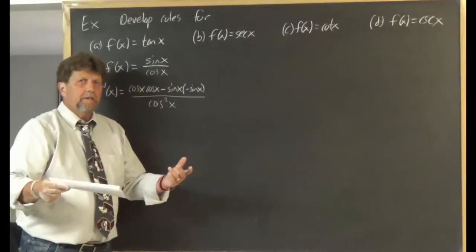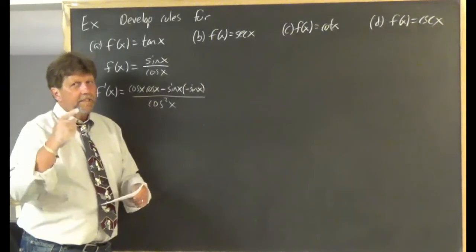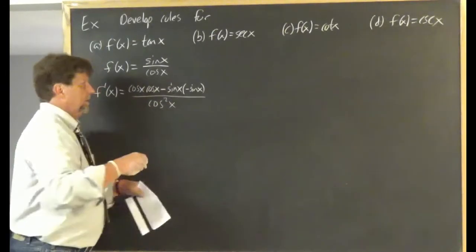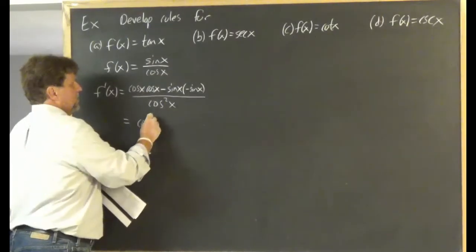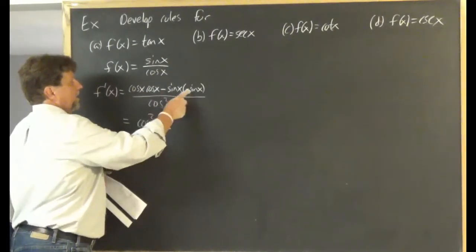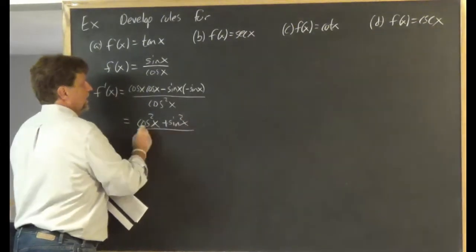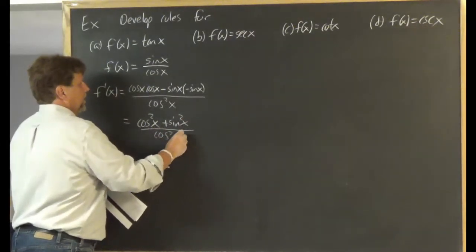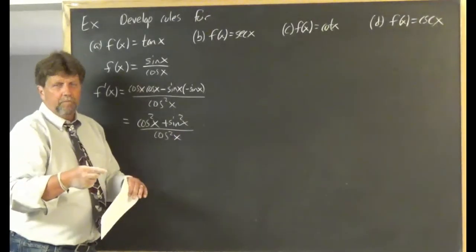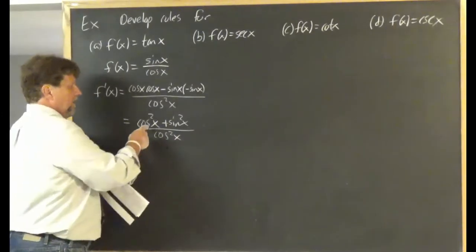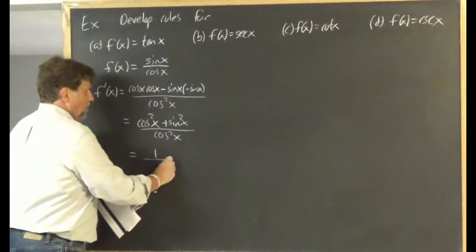So we've determined a rule for tangent x, but I think I'd like to simplify this one. Well, cosine x times cosine x is cosine squared x. This product would give us a plus sine squared x. And I could go a little bit further. We know a trig identity, I think it was a Pythagorean identity. Cosine squared x plus sine squared x, that's 1.